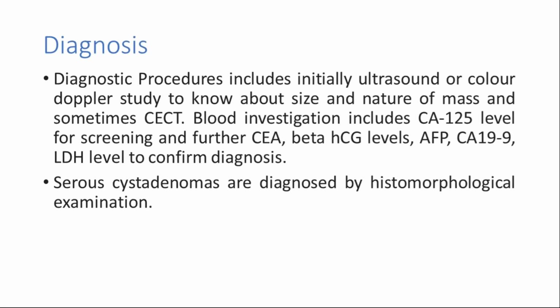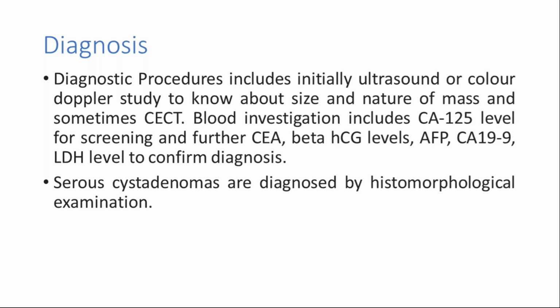So coming to the diagnosis. The diagnostic process includes initially ultrasound or color Doppler. What are the clinical features in an ovarian cyst? If the cyst is very large, what are the complaints? We can usually have dysmenorrhea, irregular menstruation, pain abdomen.